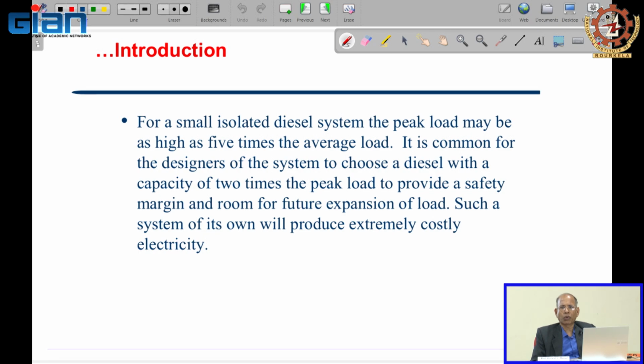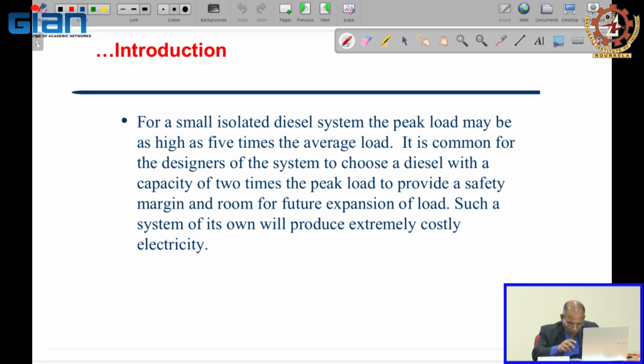You have to take care of the peak demand, and you take care of some future expansion. So the system you design is somehow keeping a sort of backup. So the system is, you can say, a little bit oversized. So that will produce electricity which will be very costly.